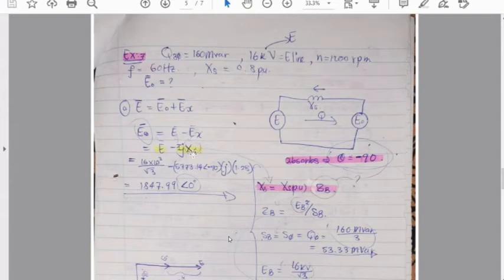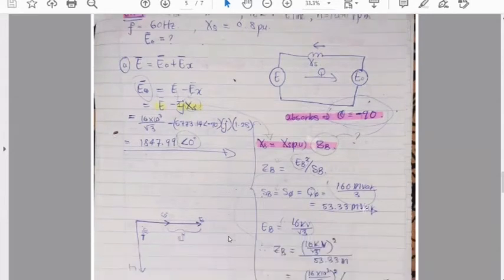What is XS? Your synchronous reactance. But in the very first session, we spoke about how the synchronous reactance needs to be in ohms and not per unit. If they give it to us in per unit, it's a bit of a problem. We'll have to convert the whole thing and make it into ohms.